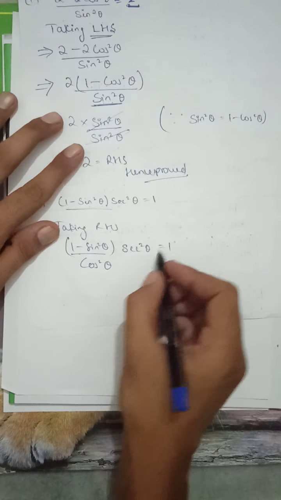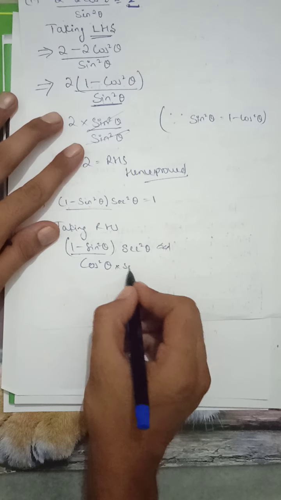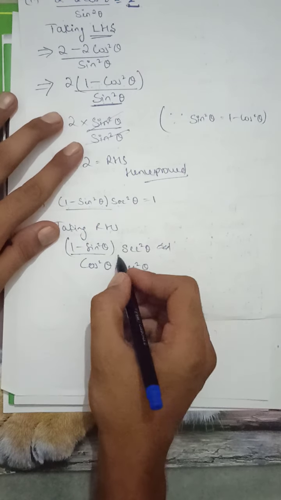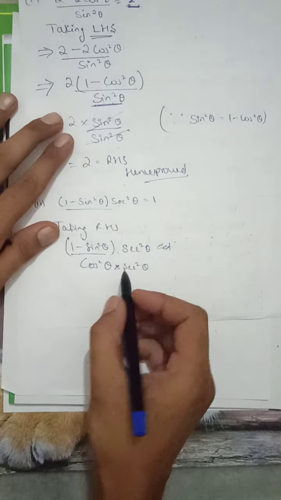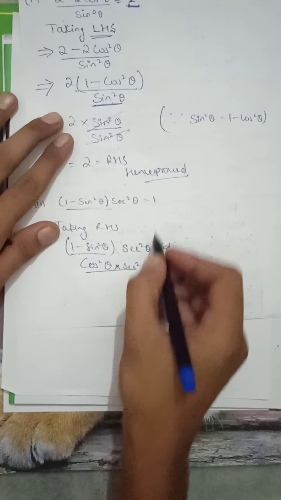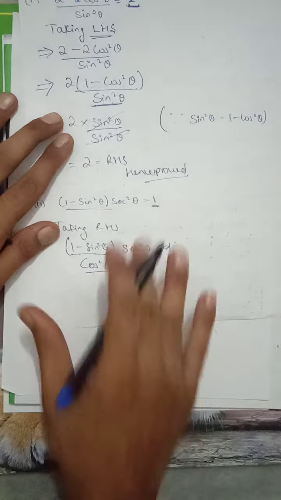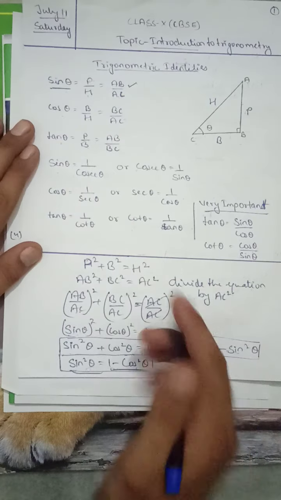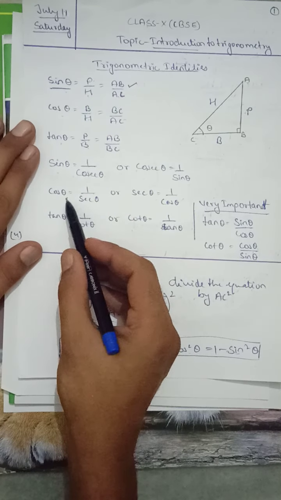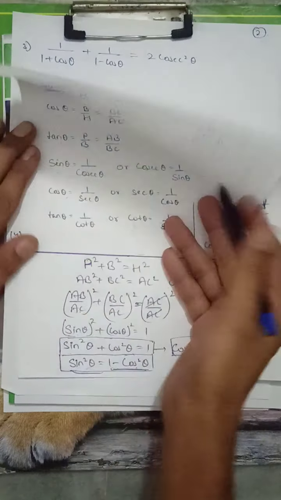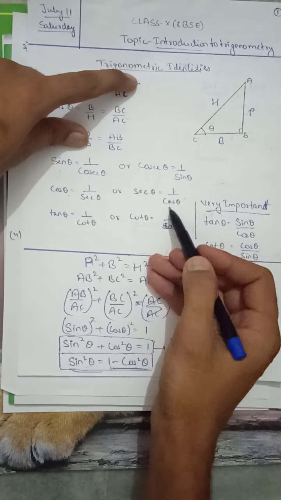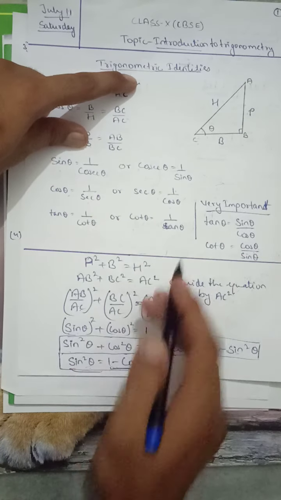Cos square theta into secant square theta. When nothing is written, it is multiplied. Now look, we got this, but we want 1. Means these two terms must be cancelled. Here we discussed cos theta is equal to 1 by secant theta, or secant theta is equal to 1 by cos theta.